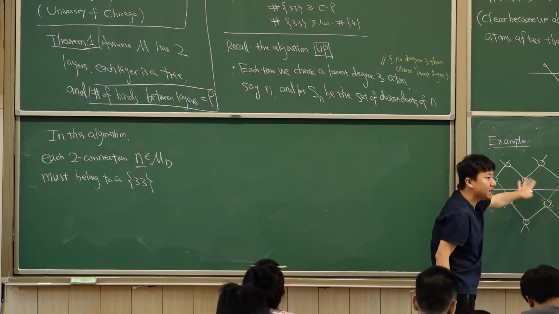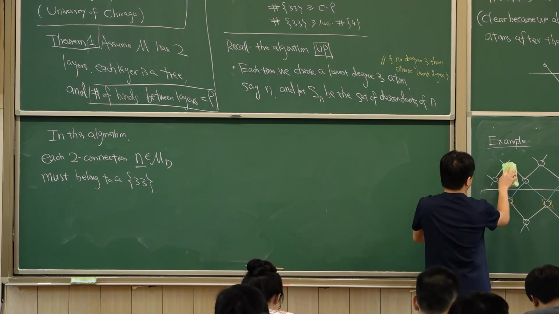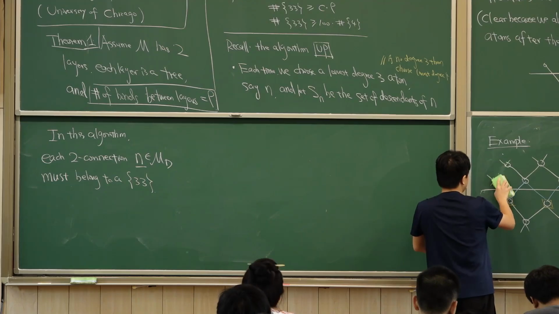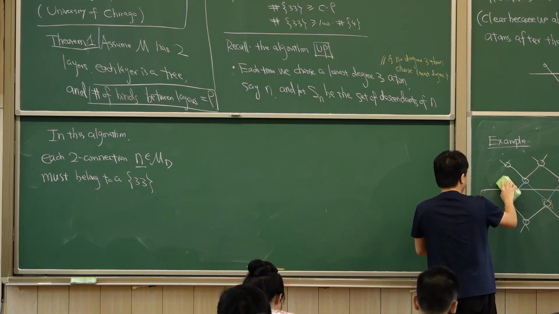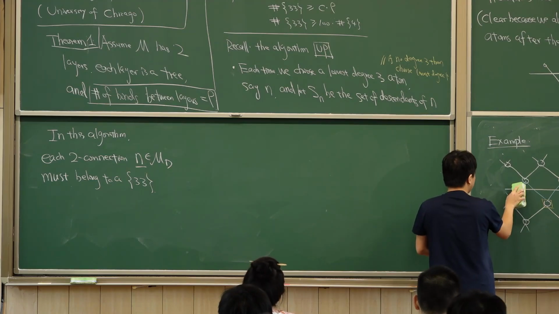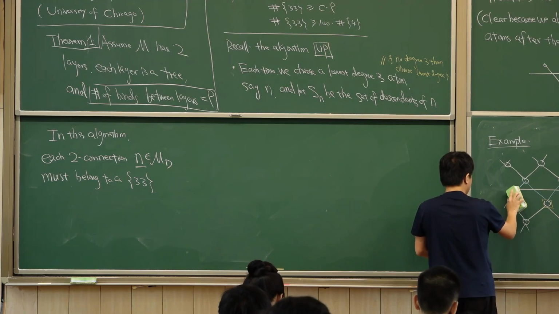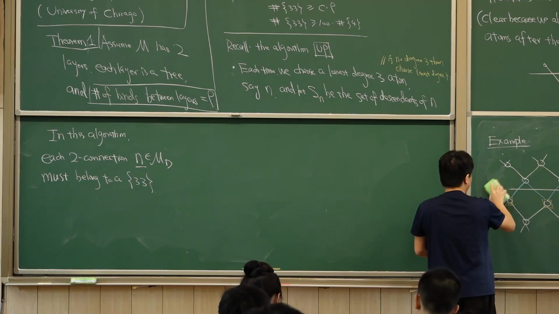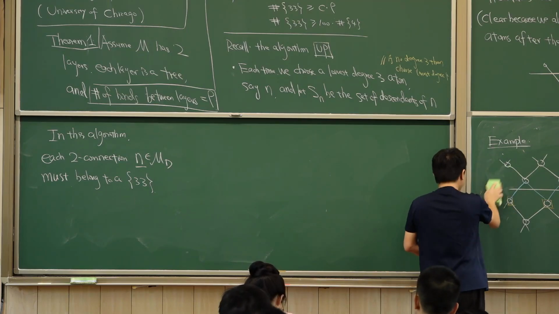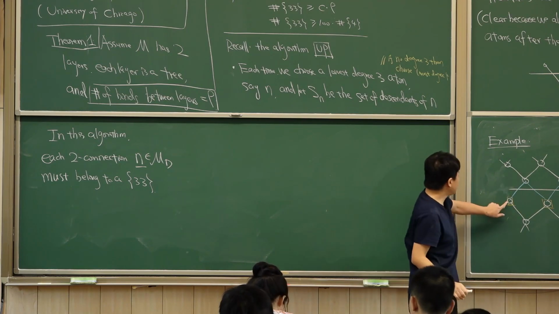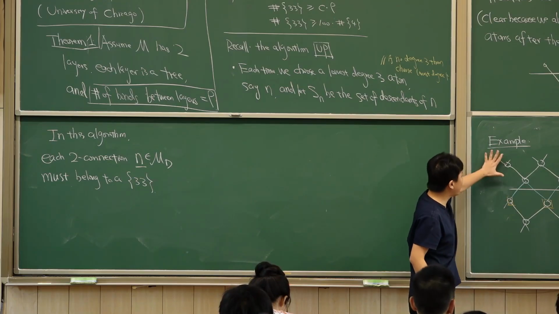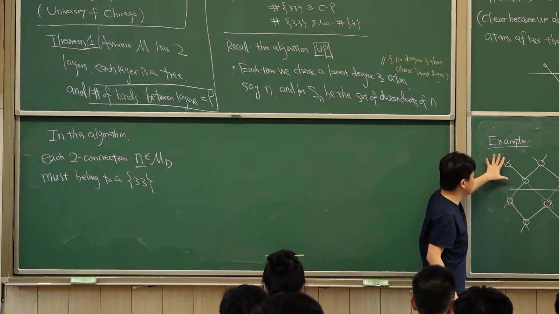As I said in the beginning, there is no degree 3, so we cut the lowest degree 4, which is this one. You see, once we cut this one, let me remove it, we get this.